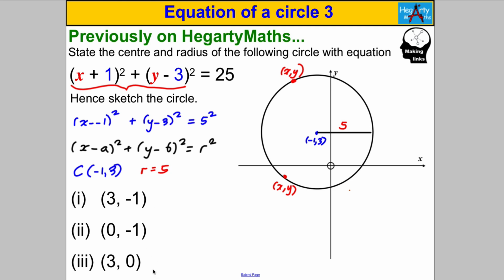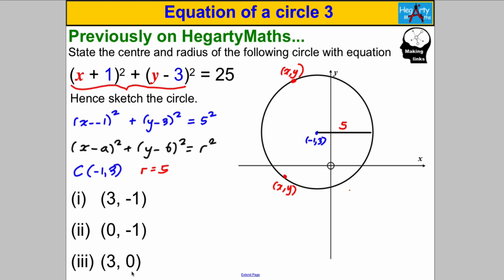The one thing we do know is any coordinate that lies on this circle, if you put the x value and the y value in here, you will get 25. If though you put the x and the y in here and you get a number bigger than 25, that's telling you that the distance between the coordinate you've got and the centre of the circle is more than the radius of 5, so it must lie outside the circle.